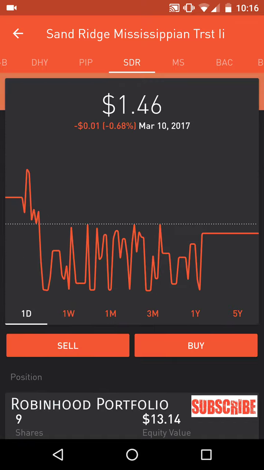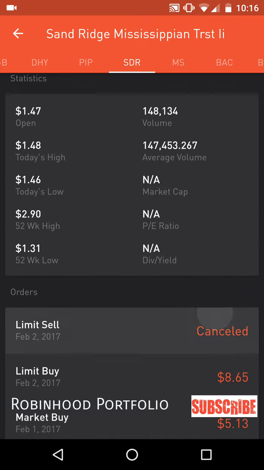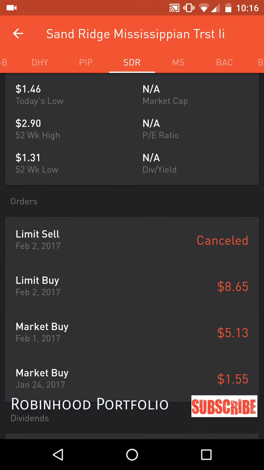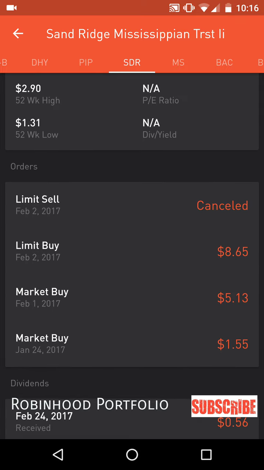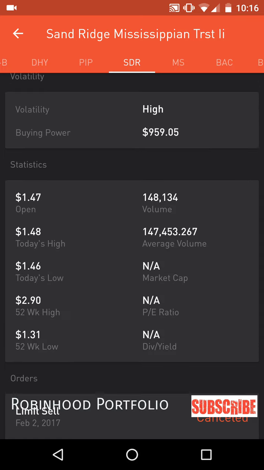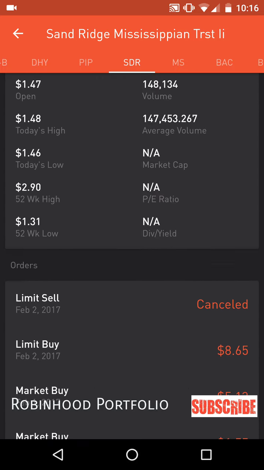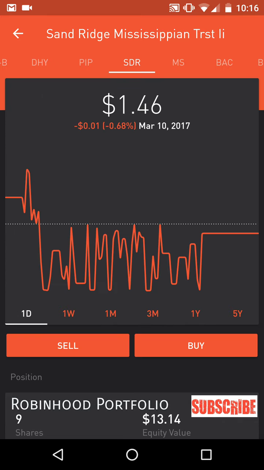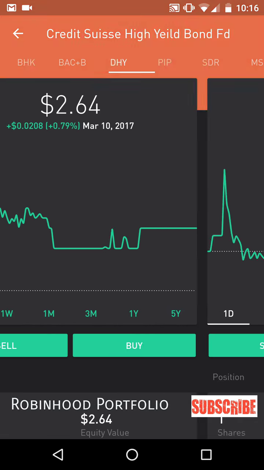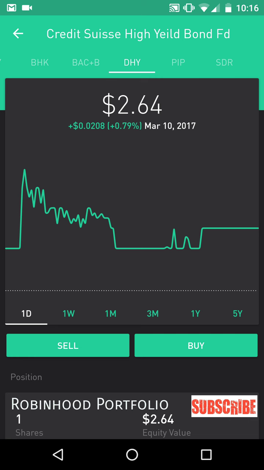STR as well, this is also another high dividend penny stock, and it's showing NA for the dividend yield, which again is incorrect. You can see that dividend down on the bottom there, 56 cents, with only owning $13. That's a very high dividend yield, but it's showing NA for dividend yield. So if anybody has any thoughts about that, let me know. Not quite sure what is going on with that.